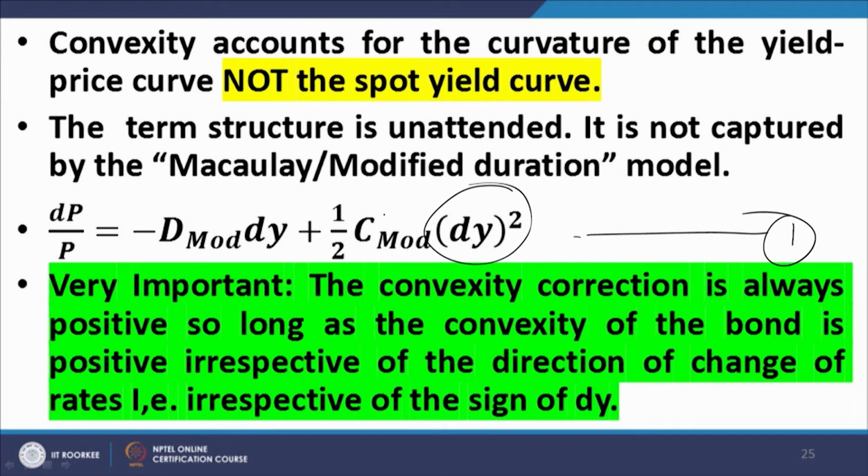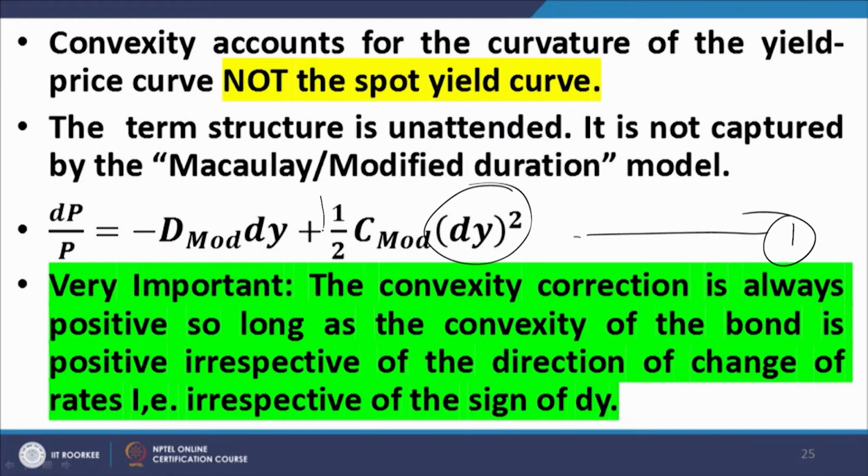Therefore, irrespective of whether dy is positive or negative, so long as the convexity is positive, and in fact straight bonds always have a positive convexity, so long as the convexity of the underlying portfolio is positive, so long as this is greater than 0, this will always be greater than 0, and therefore the correction to the price change due to the curvature will always be positive.